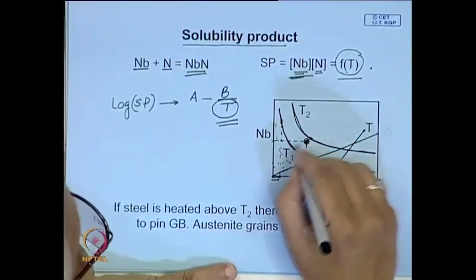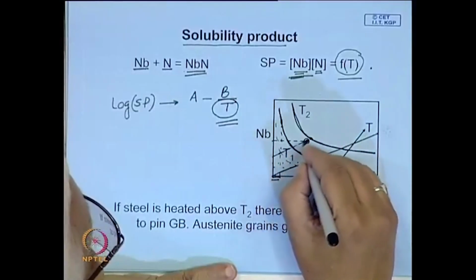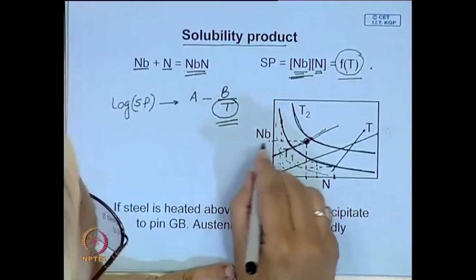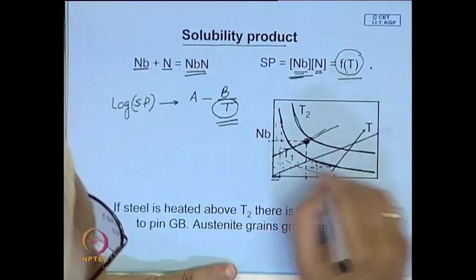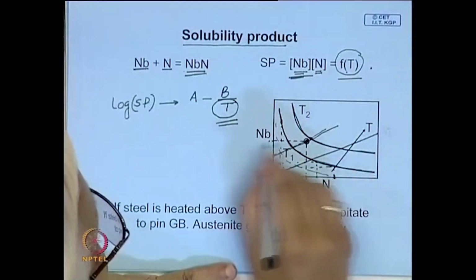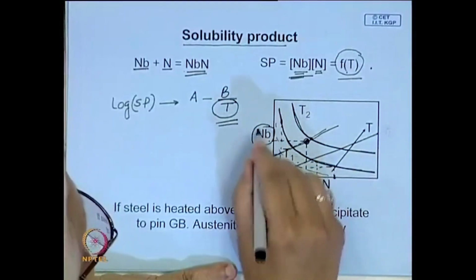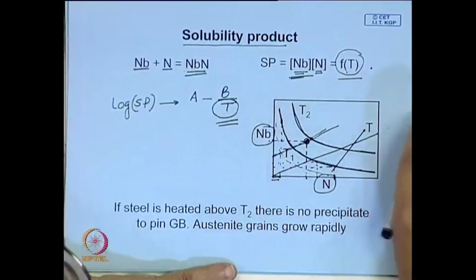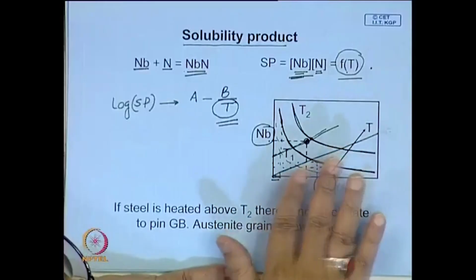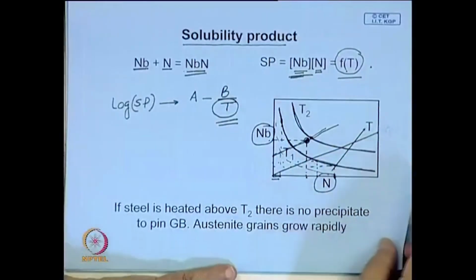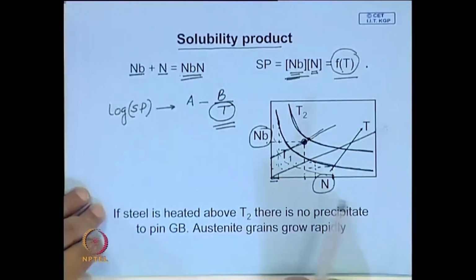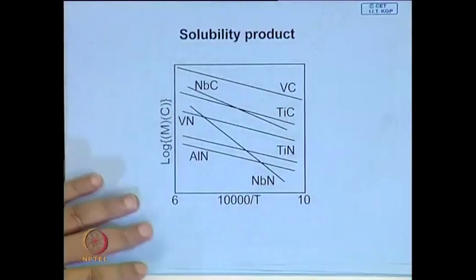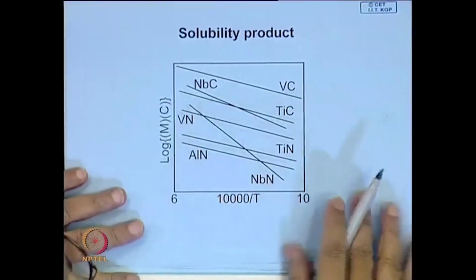So, you can draw a similar parallel line from here, and from this it is possible to find out the amount of niobium nitride which will form at various temperatures, and it will essentially be a function of temperature. Now, next let us see what the nature of the solubility product plots is.